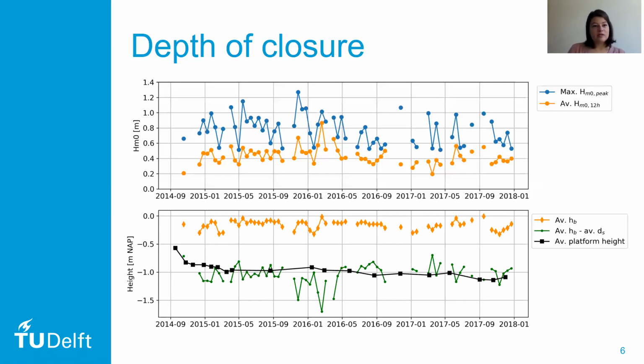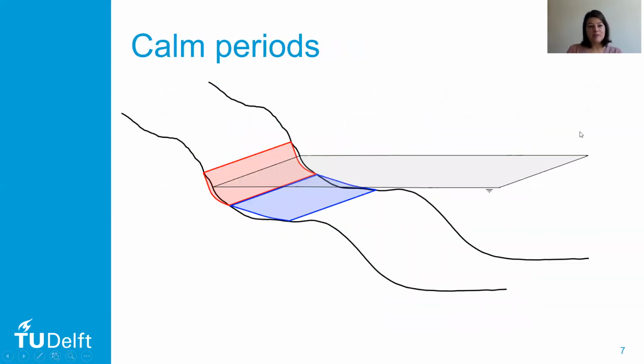Well, we combine this information with some other analysis, which I cannot show you due to time. For instance, the one of sediment budget, to present to you a conceptual model of what actually happens over time. So we start off with a calm period. Then we usually have erosion of the beach face, which coincides with a growth on the platform or accretion.